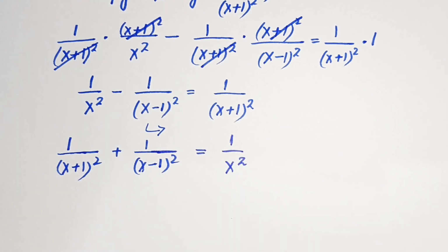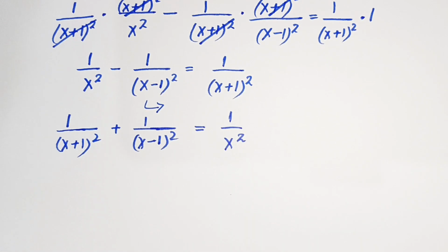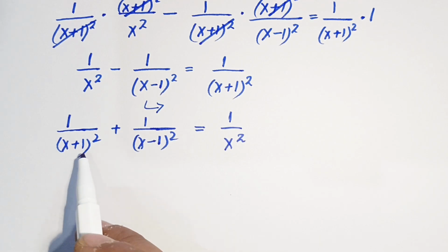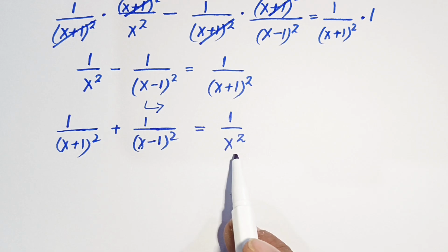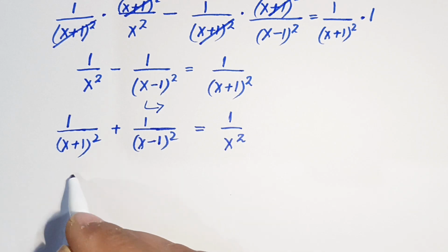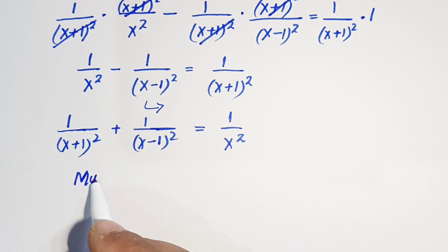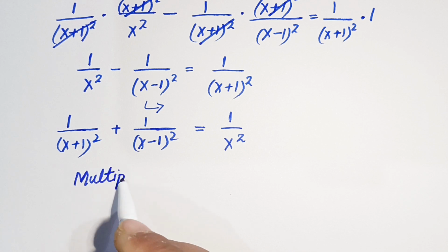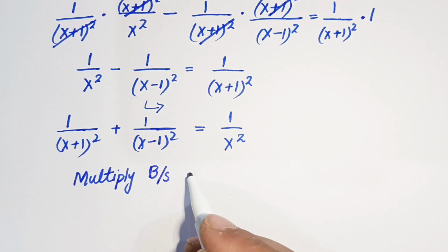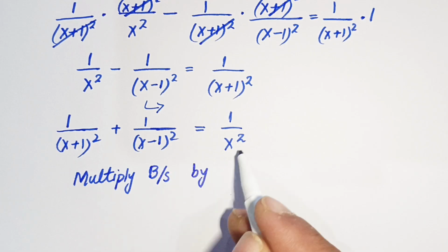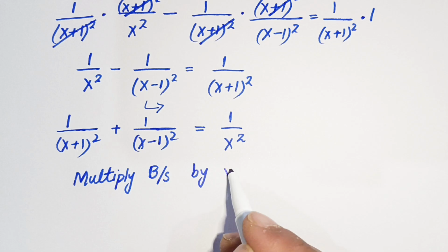Now our next step is to multiply by x squared on both sides.